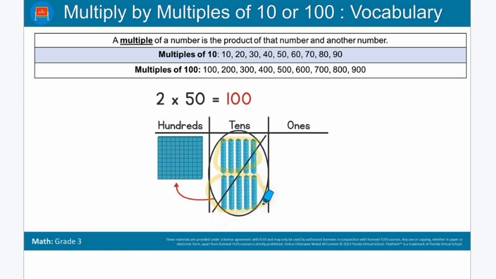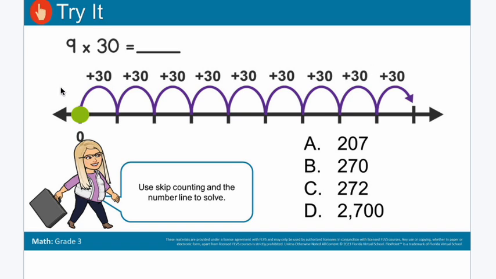Well, I can also regroup them, because I know 5 ten rods plus 5 more ten rods gives me 10 groups of 10. And 10 groups of 10 I can trade in for 1 flat, which is representative of 100 here. So I know that when I'm multiplying by multiples, I'm really doing some regrouping on groups of 10 and groups of 100. So let's try some right here.